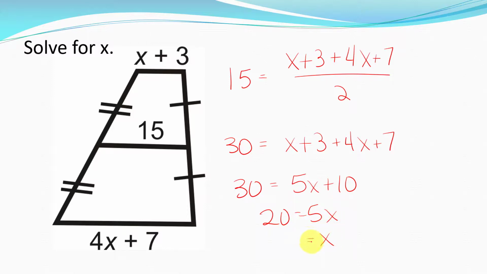Divide by 5, x equals 4. So this side would be 4 plus 3, which is 7. 4 times 4 is 16 plus 7 equals 23. So 15 is the average between 7 and 23. 7 plus 23 is 30, and dividing by 2 gives 15, so it's halfway between 7 and 23.